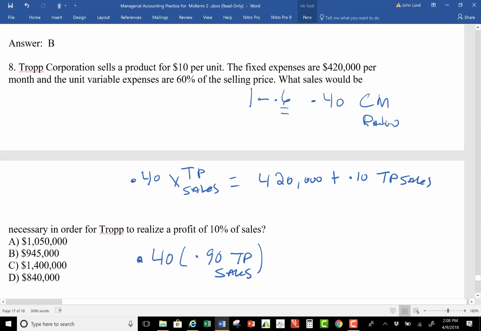Right, subtracting 0.1 target profit sales from each side will equal 420,000. I know I'm not doing this right.